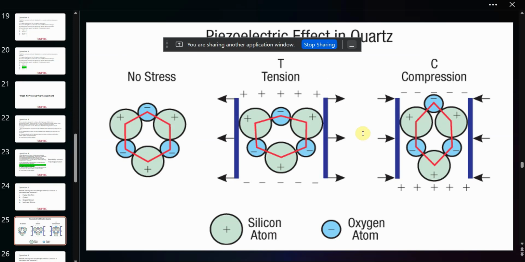Once we apply forces, this is how the crystal structure changes, and we get a change in the potential being formed.